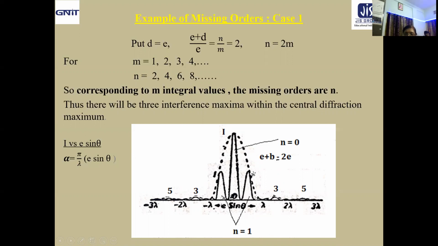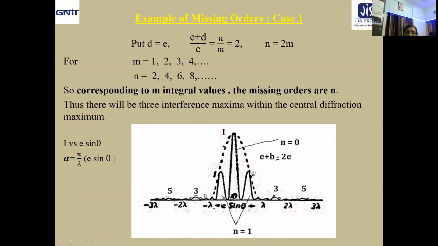Accordingly, it is plotted. Look here. This is plus minus lambda, that means m equal to 1, first order minimum, plus minus 2 lambda, m equal to 2, the second order minimum, plus minus 3 lambda, m equal to 3 for the third order minimum, where that is the single slit diffraction pattern.